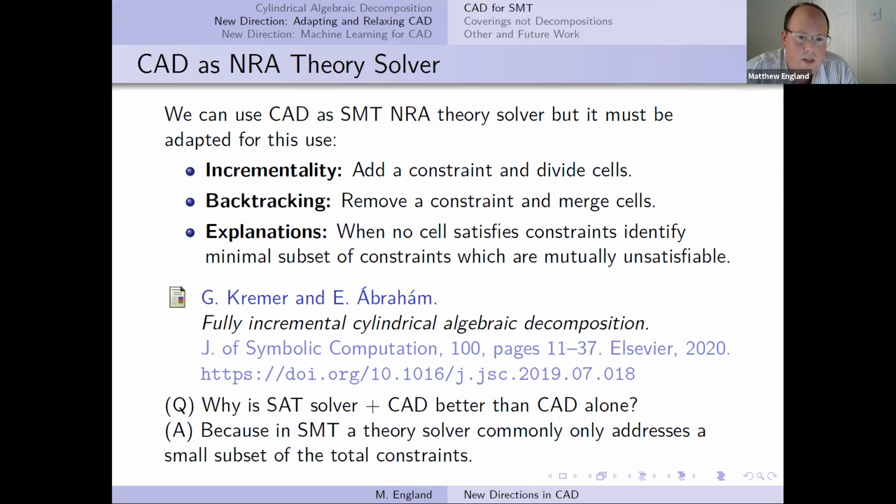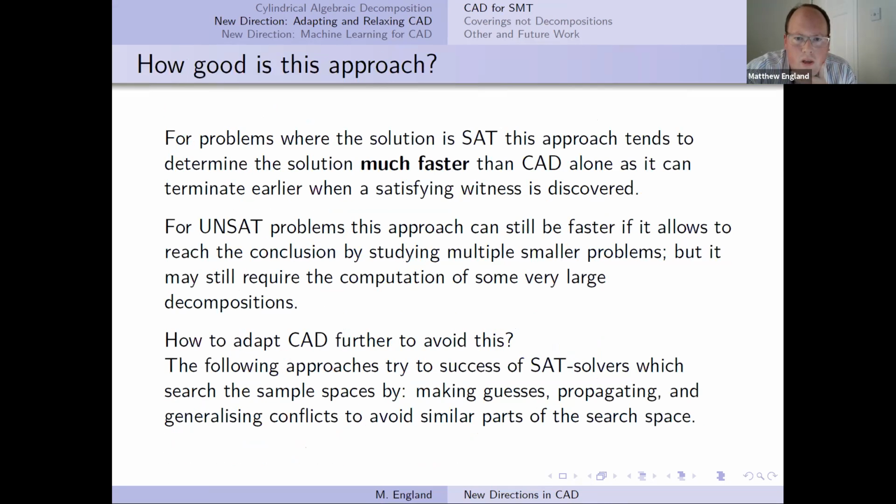And so the CAD that you end up building is a smaller CAD, because it's a CAD for fewer polynomials. So is this a good approach? Well, that paper reports that it's pretty good. Certainly it's much faster than CAD alone, because we end up terminating early when there's a satisfying witness in the SAT case.